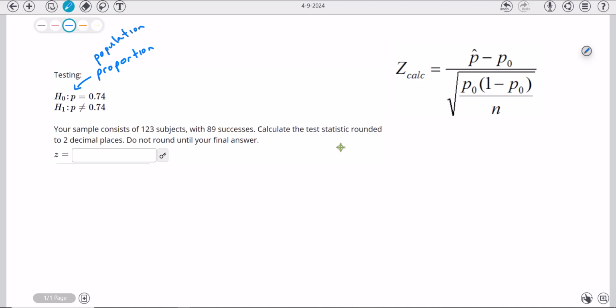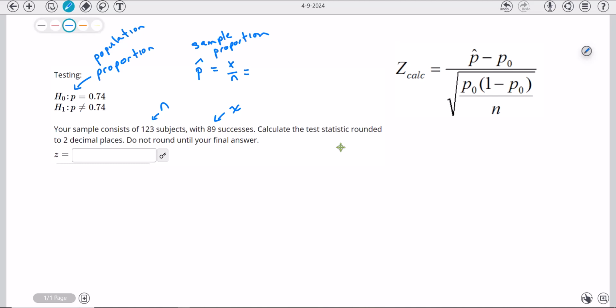And so then what they give me is they say N is 123 subjects with X number of successes. That's how you find P hat, which is the sample proportion. So the sample proportion is X over N.